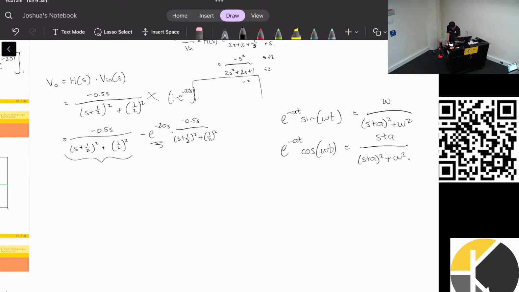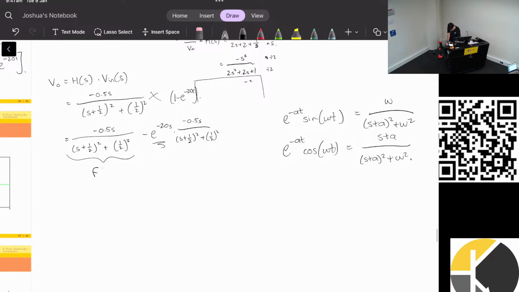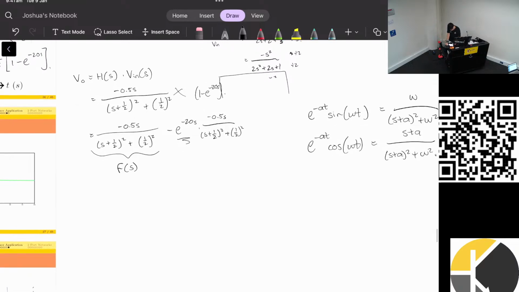I'll factor out the half to start. Let me call this F of s. So we're just going to look at F of s. Once we can figure out F of s, then the other half of it should be relatively easy. So F of s is minus a half of s over s plus a half squared plus a half squared.